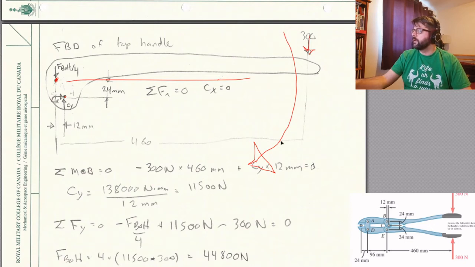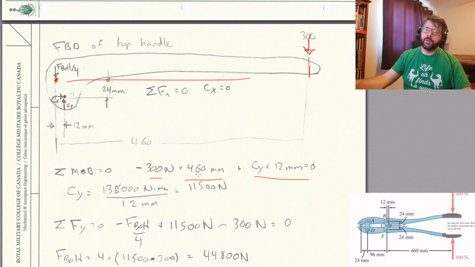And we also have the moment that would be caused by the 300 newtons times the distance from B to where the force is applied, so that's 460 millimeters. And then we've got the counteracting moment that would be applied by Cy.